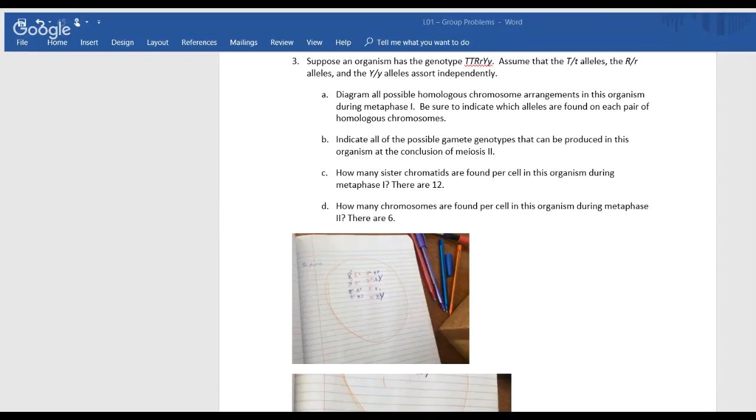Okay, number B, indicate all the possible gamete genotypes that can be produced by the organism at the conclusion of meiosis 2. So I drew this one out on paper. It's on a screenshot, so I'll bring you there now. So one moment. Okay, here we go.